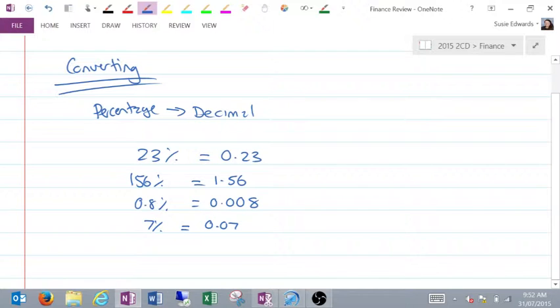Perfect. All right, so what have we actually done to do this? Quinton, what have we done to change from the percentage to the decimal? Say it again.